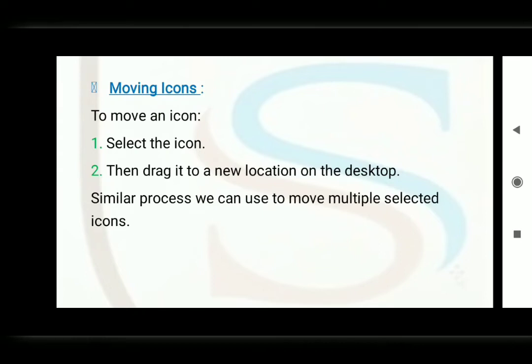If you want to move multiple icons, you can select multiple icons, and then, by keeping the mouse left button pressed, drag the icons from one place to another place of your choice. As soon as you do it, the position of the icons gets changed. So this is the process of moving multiple or a single icon.